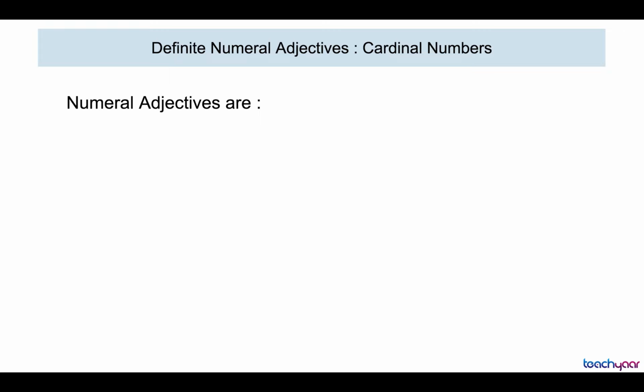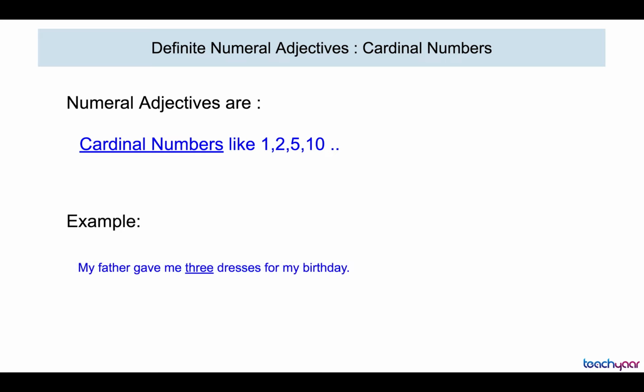Now, numeral adjectives are of three kinds. So we do the first, definite numeral adjectives. Under definite numeral adjectives, we have two categories. One is cardinal numbers. Now, what are cardinal numbers? 1, 2, 3, 4, and so on. The normal numbers. Now, if you see an example, my father gave me 3 dresses for my birthday.